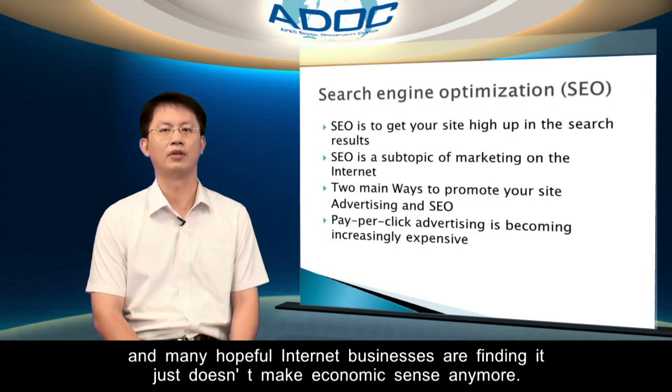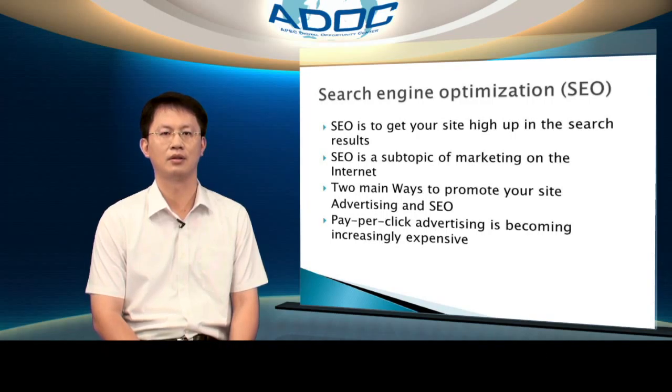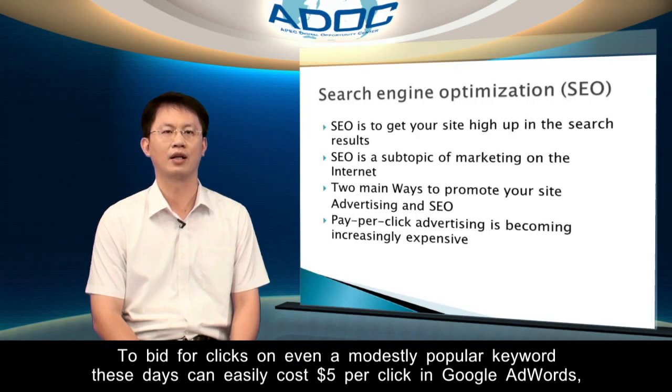And many hopeful internet businesses are finding it just doesn't make economic sense anymore to bid for clicks on even modestly popular keywords these days. It can easily cost $5 per click in Google AdWords.